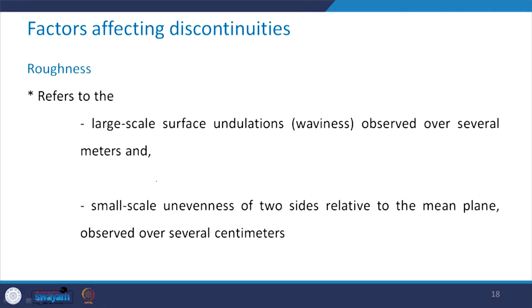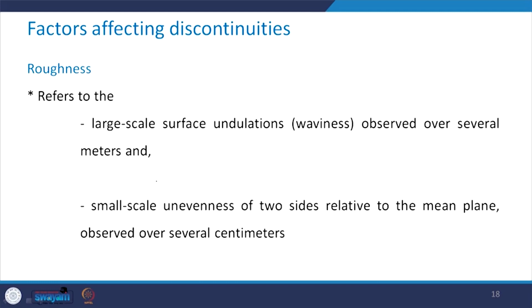Coming to the next factor, that is roughness. It is very important because in most of the stability analysis when you carry out for the rock mass, it is this factor which contributes a lot towards the strength characteristic. When I say roughness, this refers to two things.